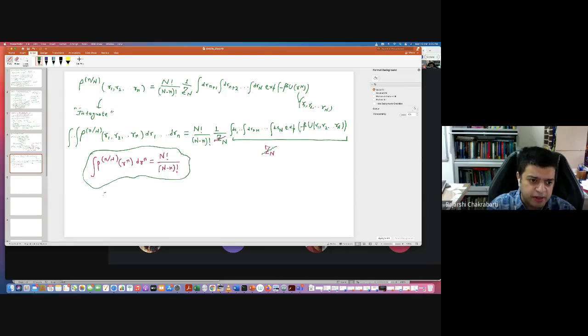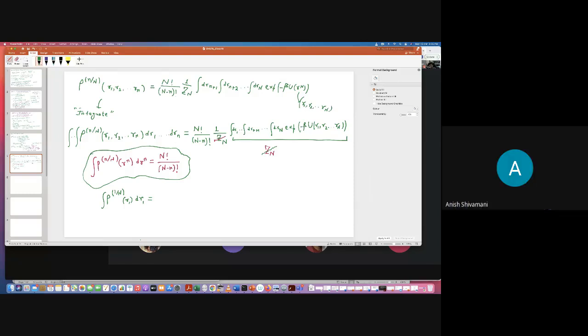So basically, if I write this rho 1 by n, it would depend on only one coordinate, no? r1, I can call it, doesn't matter which. What will be the right hand side? Tell me what is the right hand side of this quantity? Just n.